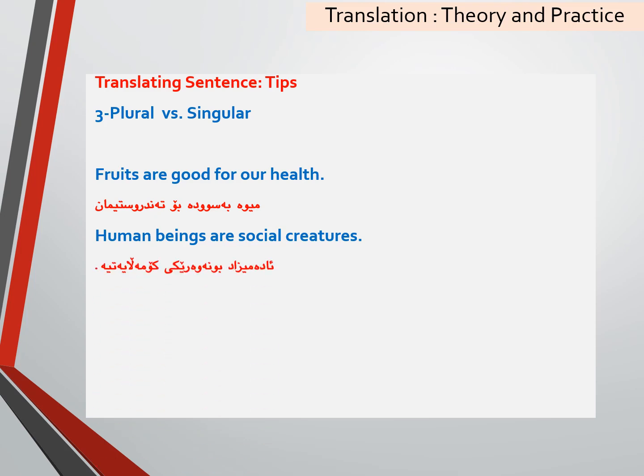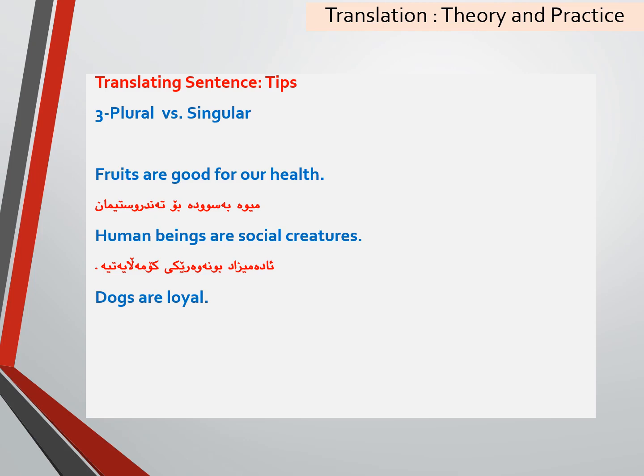Human beings are social creatures. See, "beings" and "creatures". See how we can translate this sentence that contains two plural forms. Say "Adamizat bunawariki komalayatiya."